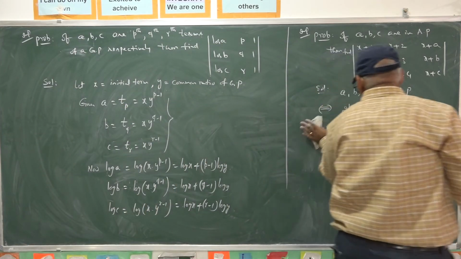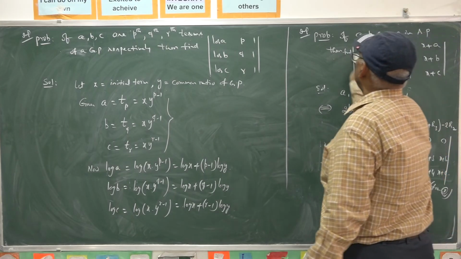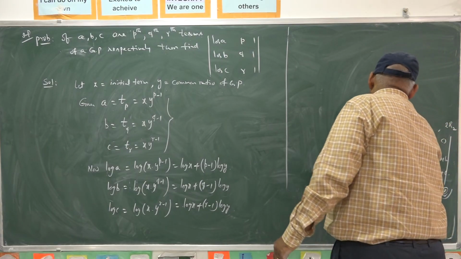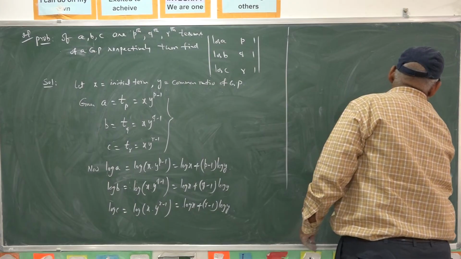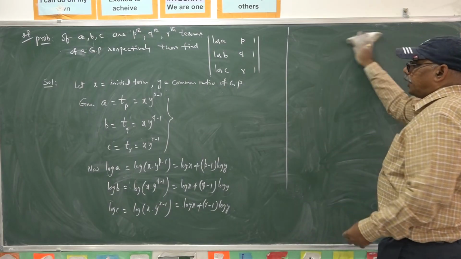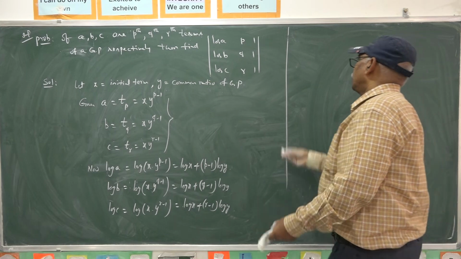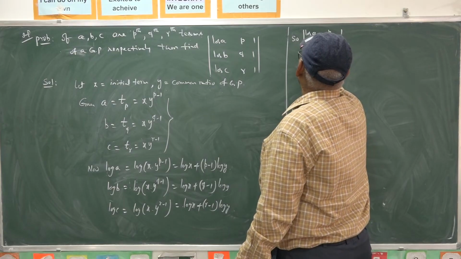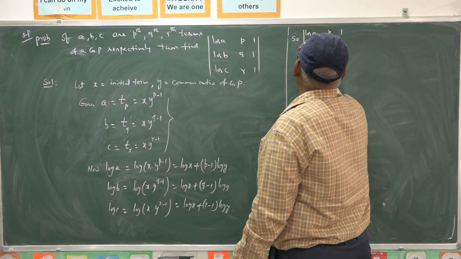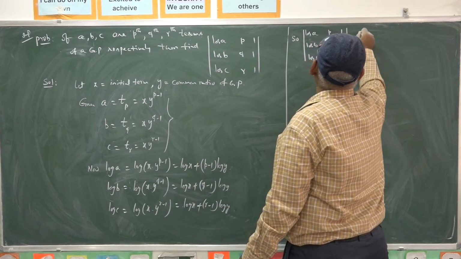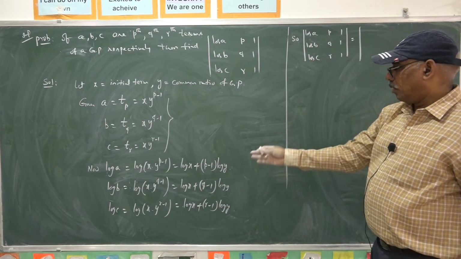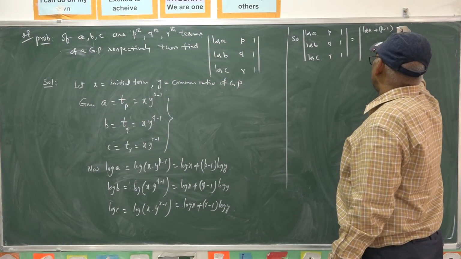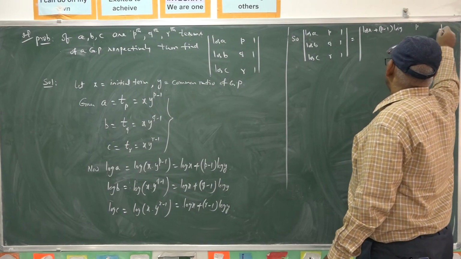Now with the help of these, we can evaluate the required determinant. The determinant of log A p 1, log B q 1, log C r 1 equals log X plus p minus 1 into log Y, p, 1.